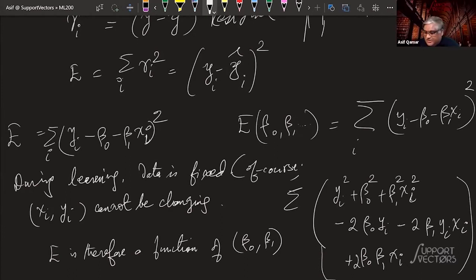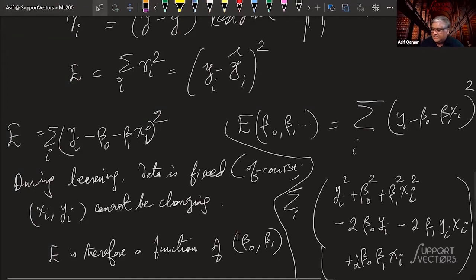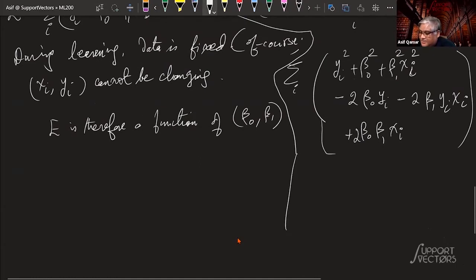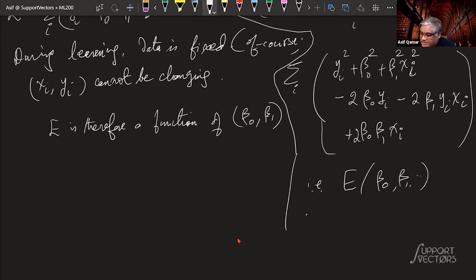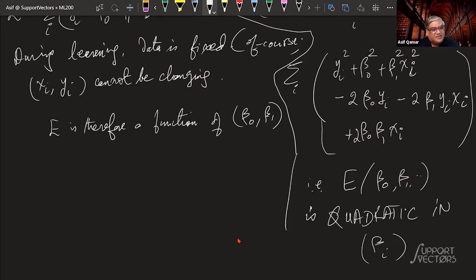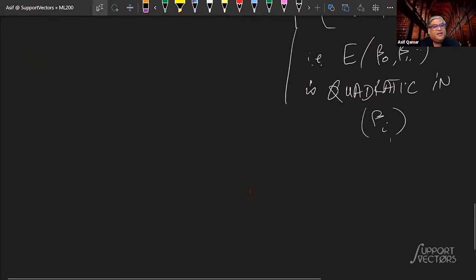So you would agree that this equation E(beta naught, beta 1) is, and this is the important thing, quadratic in beta. It's quadratic in the betas. Now, how many bends does a quadratic curve have?